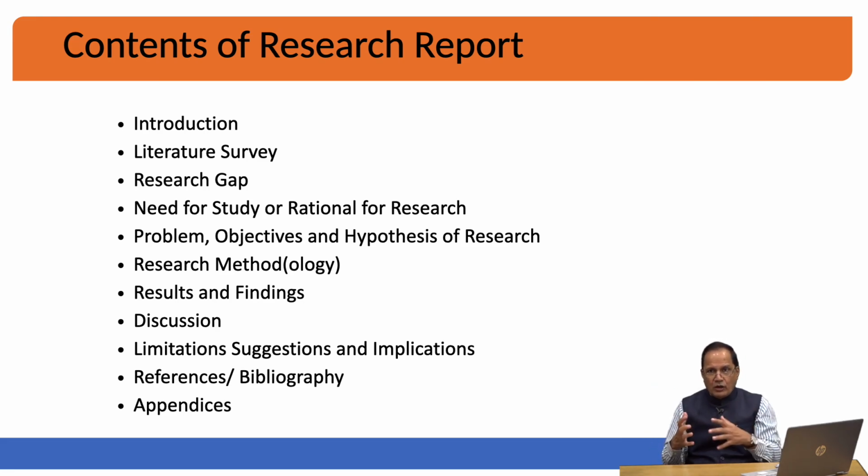Whatever direct literature you have accessed, you must cite in the form of references. If some literature has been accessed indirectly or knowledge has been taken from anywhere, that should be given in the form of bibliography.